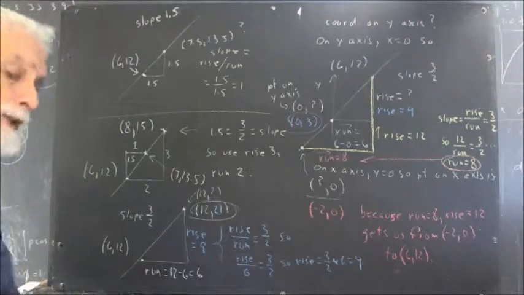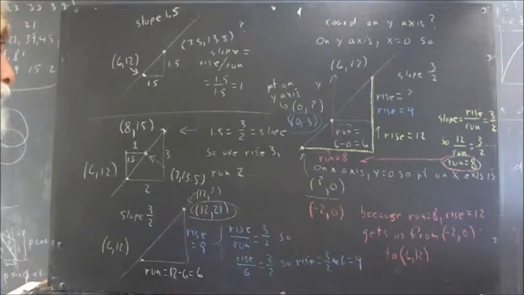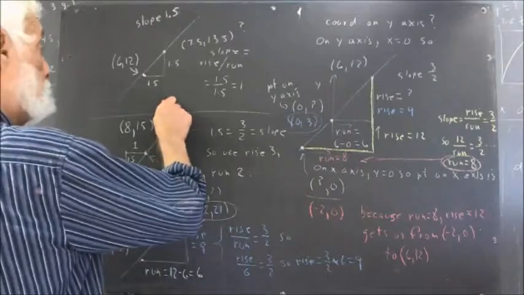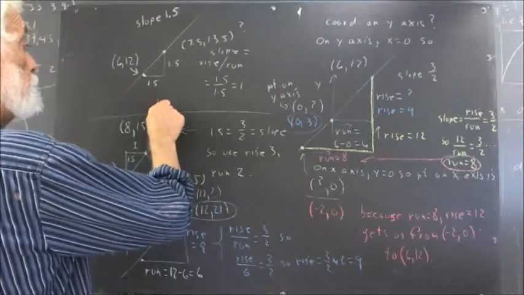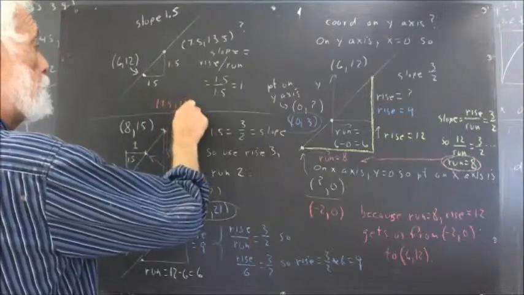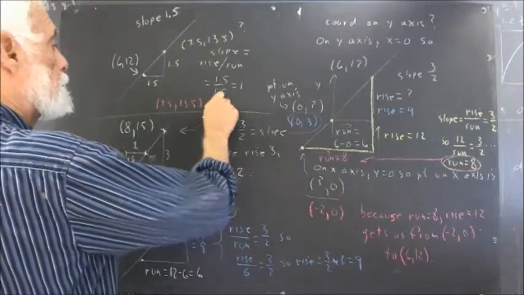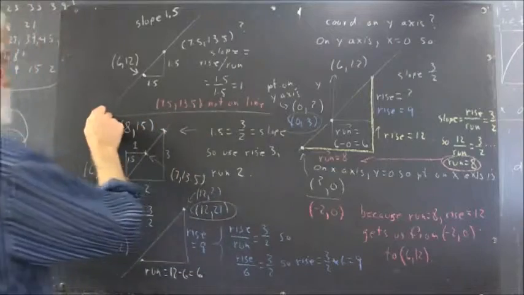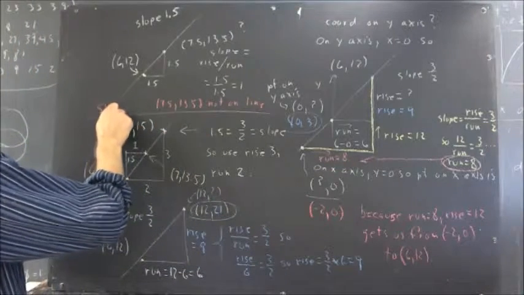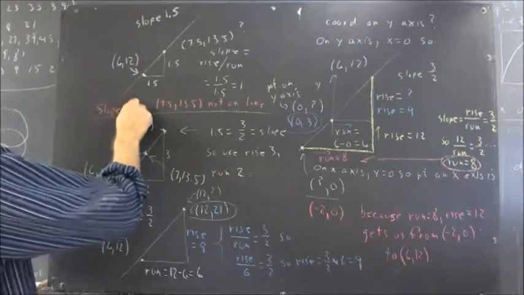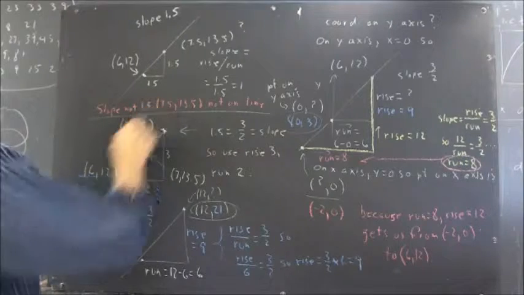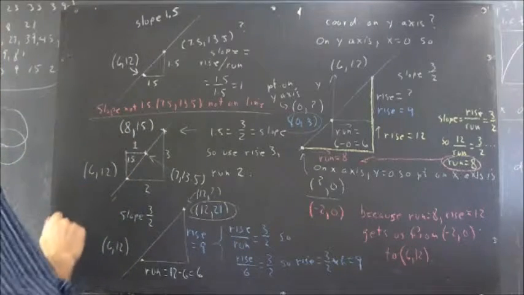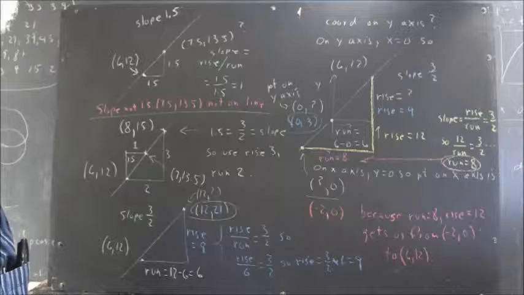So this is not correct. It's not on the line. The slope is not 1.5. So let's give it another try.